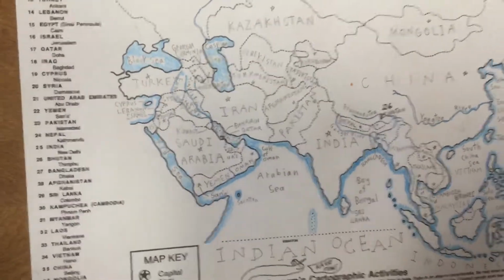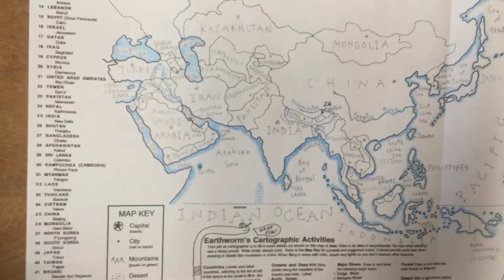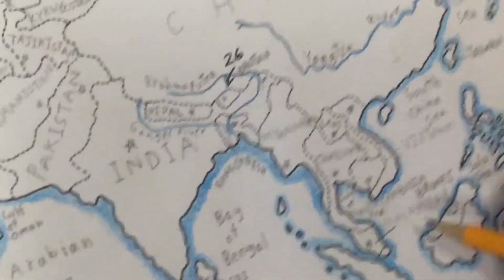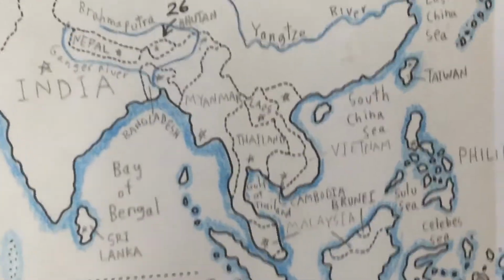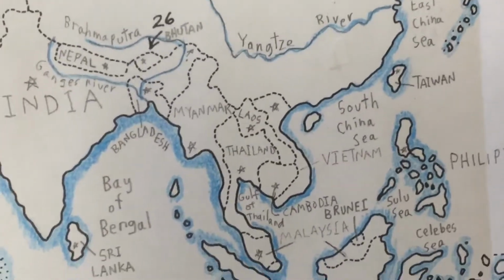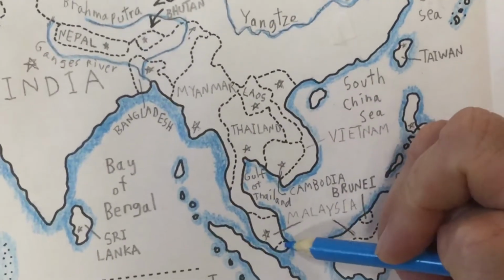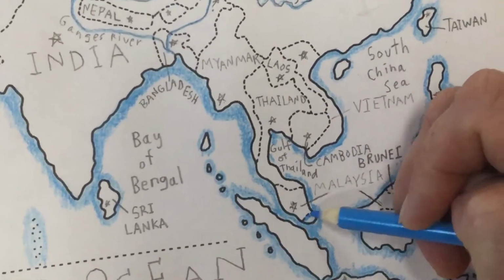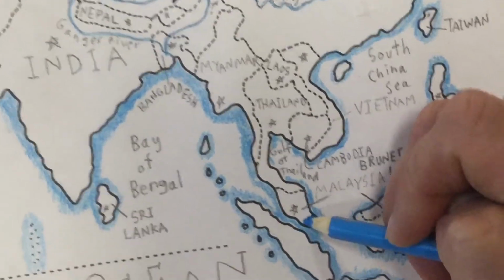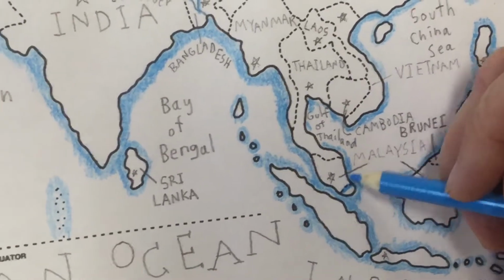Let's see, I think that's number 47 in the list. 48, Singapore. Now, Singapore is very unique because it's technically the only, they call it a city, island, and nation. So it's a city, but it's also an island. I'm going to put a little blue right here because it is an island. There's water that separates it from that peninsula there.